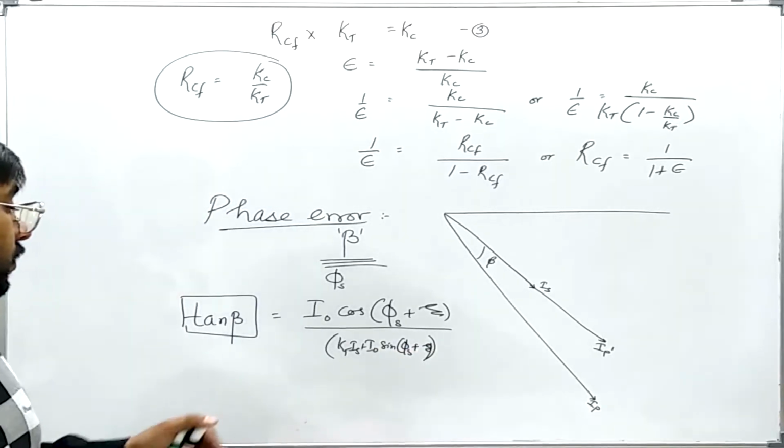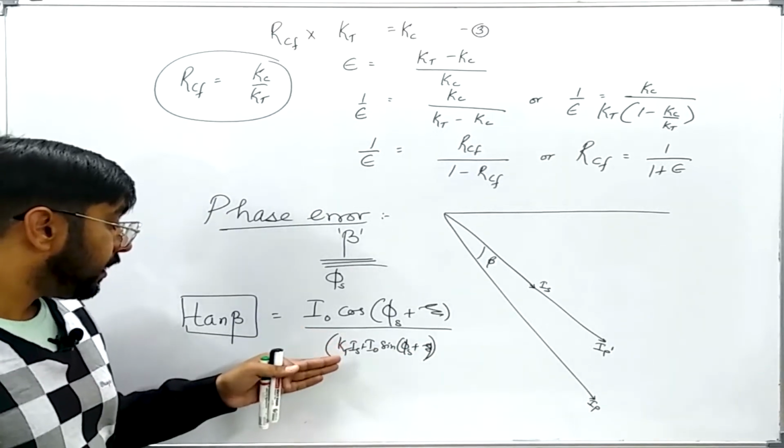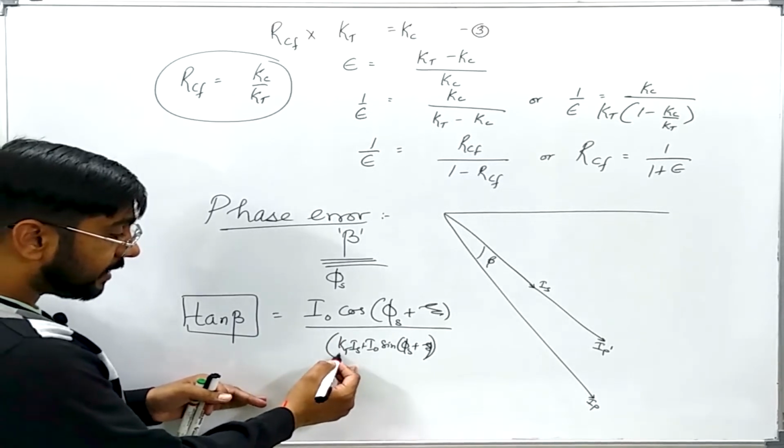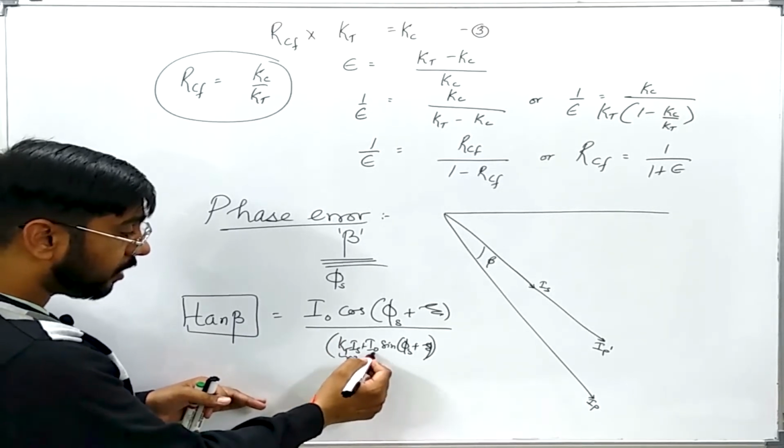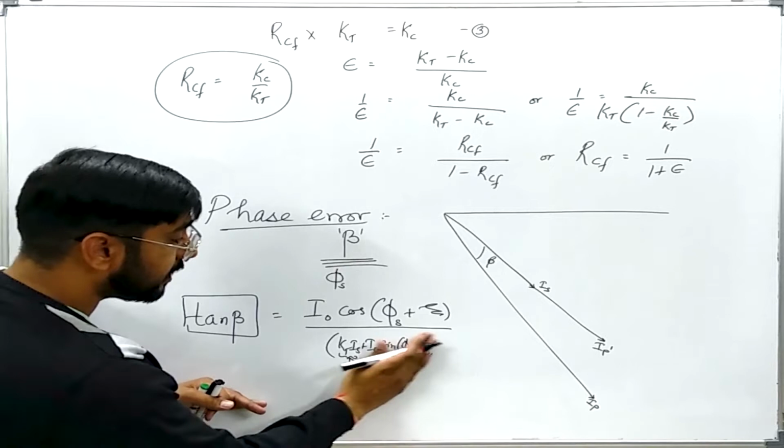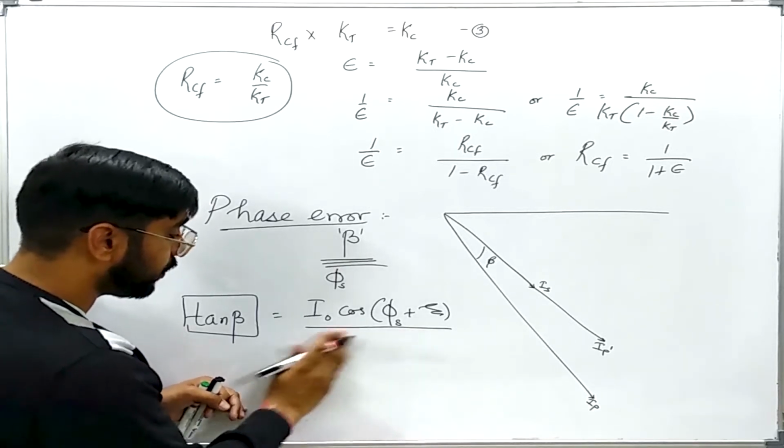Okay, so in this we can see that this quantity is quite high compared to this quantity, so we can see that the denominator is always positive.